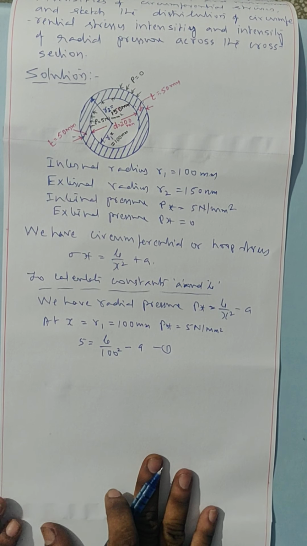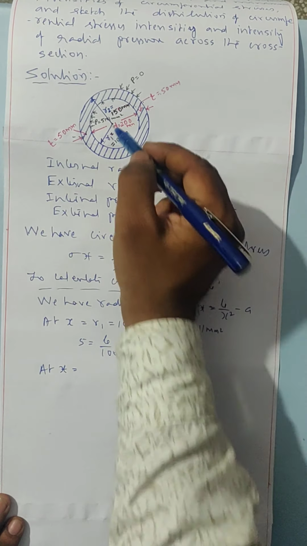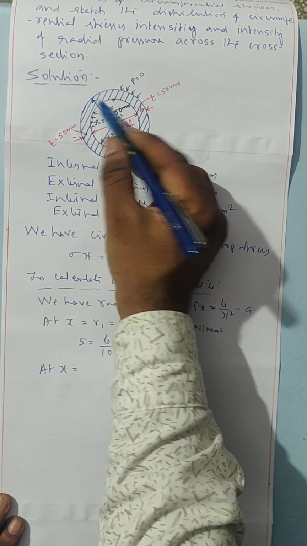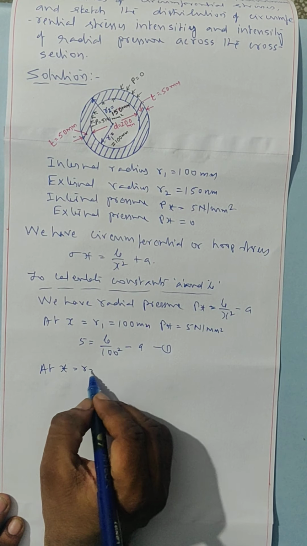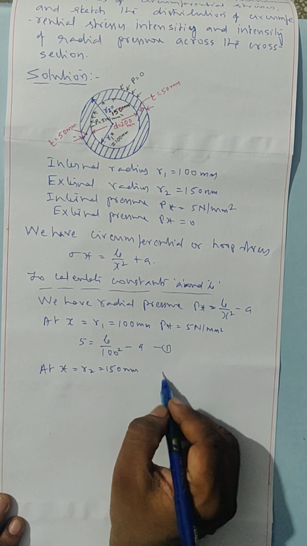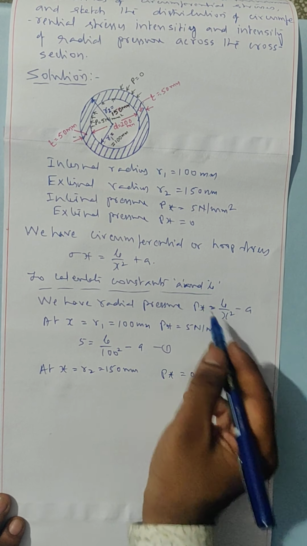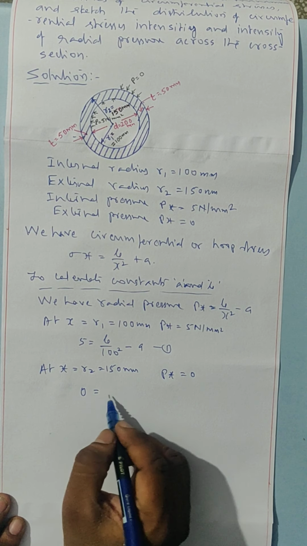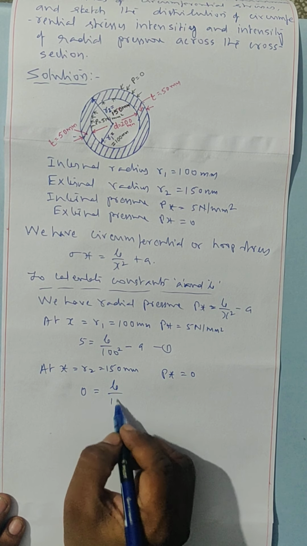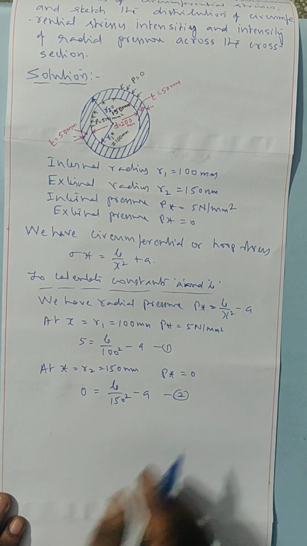Similarly at x equal to r2 equal to 150 mm, what is the pressure? Px equal to 0. We substitute the same: 0 equals b by 150 square minus a. Equation 2.